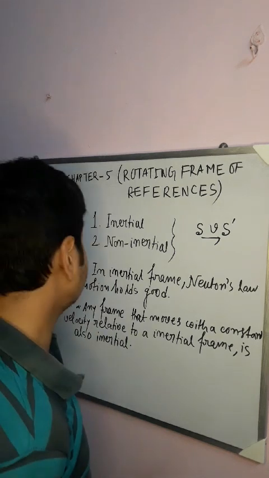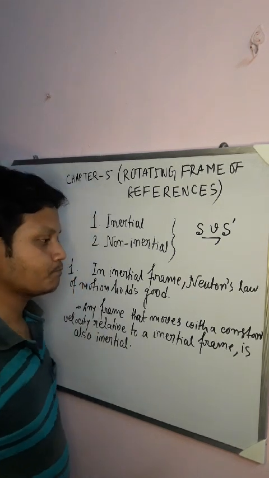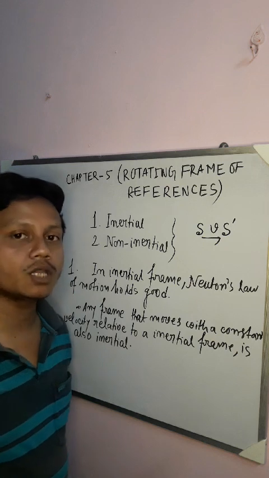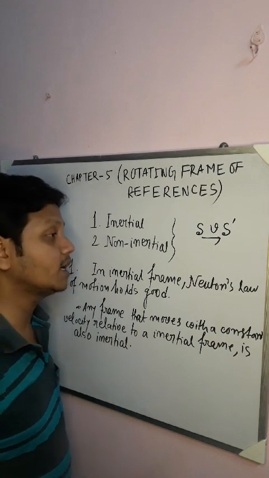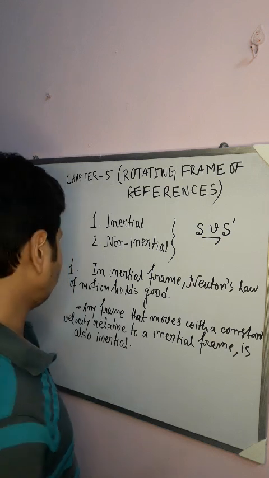Okay, so this is the most important thing, that any frame that is moving with a constant velocity with respect to an inertial frame is also inertial.